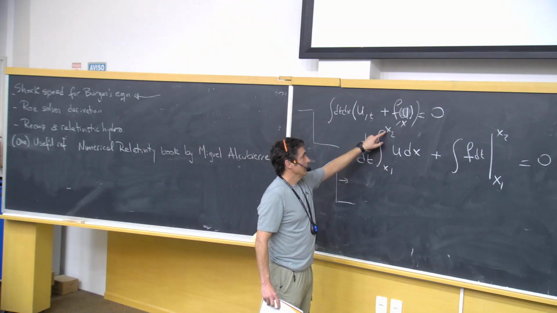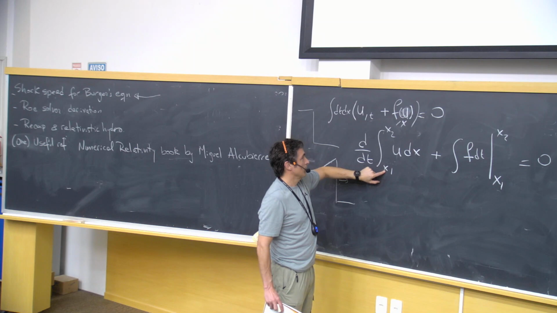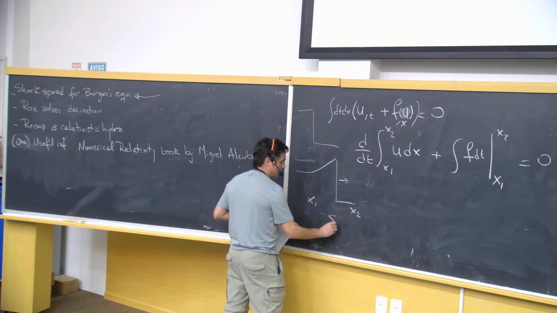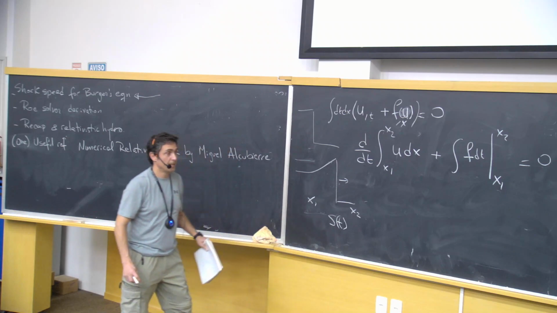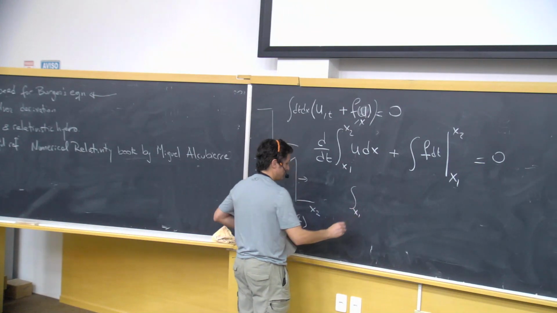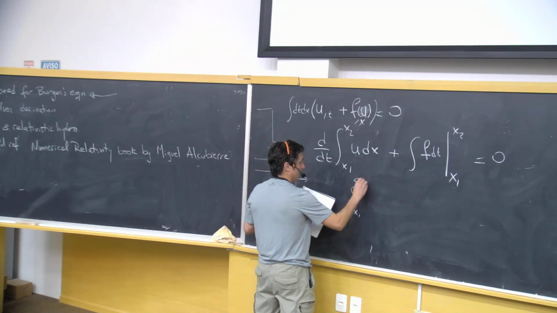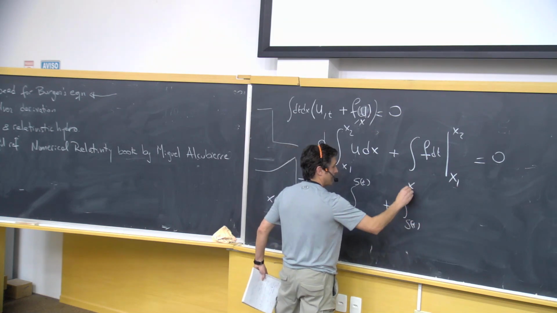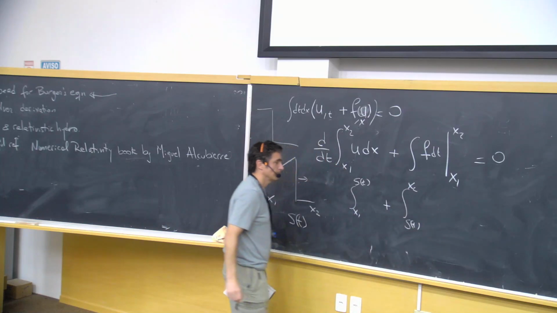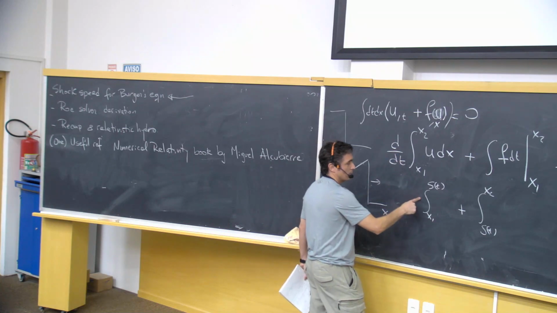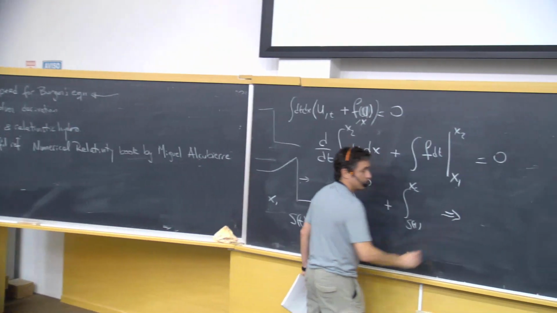Now let me split this integral and ask it to not go simply from x1 to x2. x1 is some point to the left, x2 is some point to the right. We're going to assume that the shock front is described by some function s of t. So I'm going to turn this integral into the integral between x1 and s of t plus the integral between s of t and x2, and we're taking the time derivative of that. When we take the time derivative, we're going to have several terms.